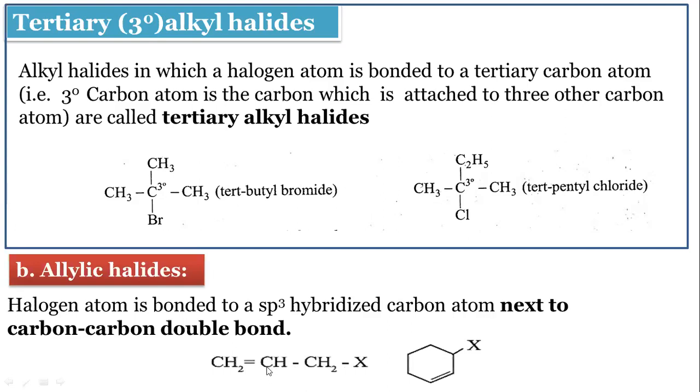This double bonded carbon is sp2 hybridized, but this carbon is sp3 hybridized. So X is attached to an sp3 hybridized carbon atom, and this carbon atom is bonded to a carbon-carbon double bond. See the situation here also. This is a carbon-carbon double bond, and X is attached to an sp3 hybridized carbon atom. Such examples are called allylic halides.